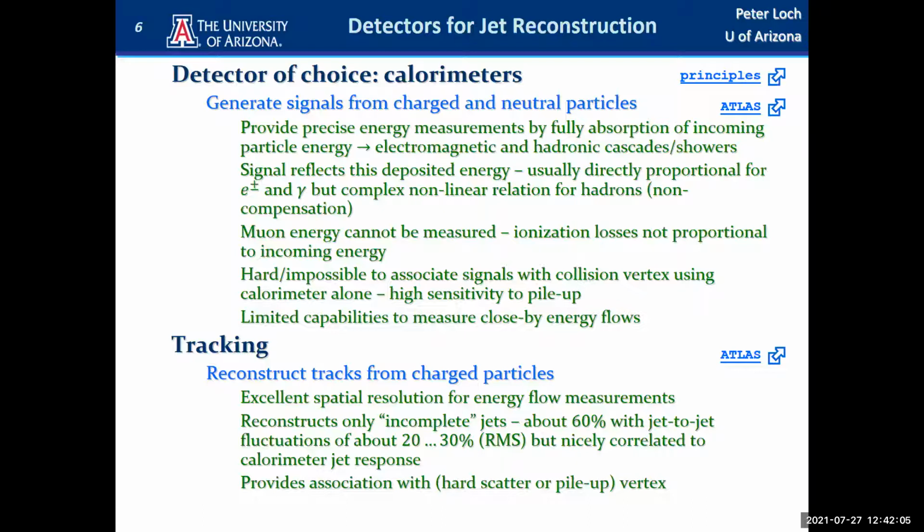Having said that, if you have a very nicely isolated photon, for example, in the ATLAS electromagnetic calorimeter, you can actually calculate back at least the vertex to be expected. This is very useful for Higgs to photon-photon, where you don't have many tracks to find the hard scatter vertex.